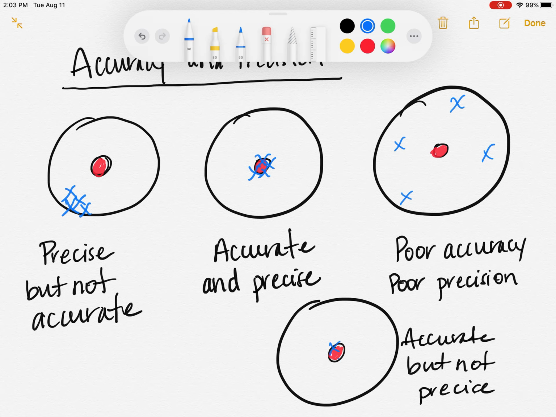So maybe you're getting something kind of like this, which some people would argue, well, that's not very precise, and it's not very accurate either, because you only hit the bullseye a couple times. So that one's a little bit harder to do. But that's a visual for accuracy and precision and the difference between them. And that's something that's important to understand.